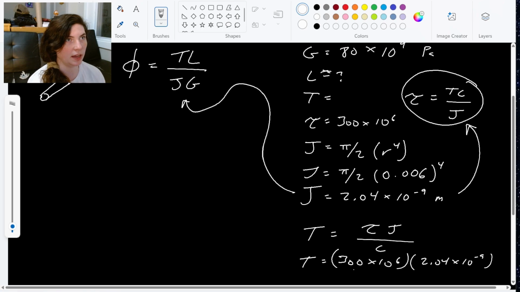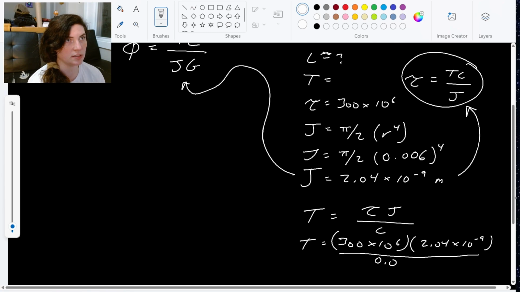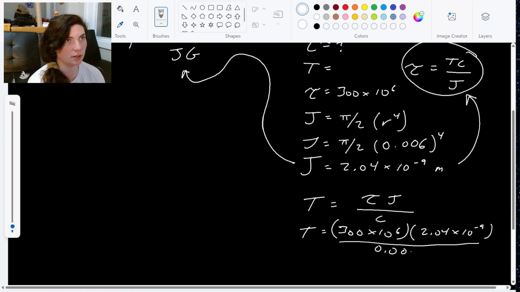And then my outer radius is 0.006, okay, I don't know where that disappeared to, but 0.006. Pop that into the calculator, and we get a torque of 101.8 Newton meters.